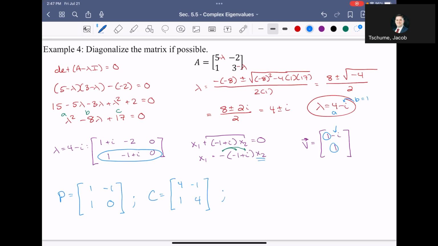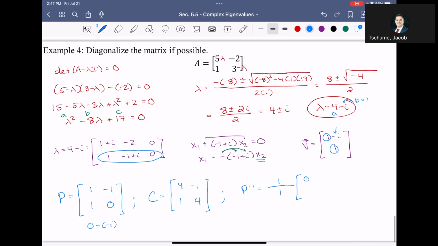Your last thing to do is to find P inverse. So we can use the same algorithm as the last problem, where we're going to take 1 divided by the determinant of P. So the determinant of P down here would be 0 minus a -1, which is just going to be +1. As far as the elements of P in this formula, you flip-flop the main diagonal, so flip-flop the 0 and the 1.